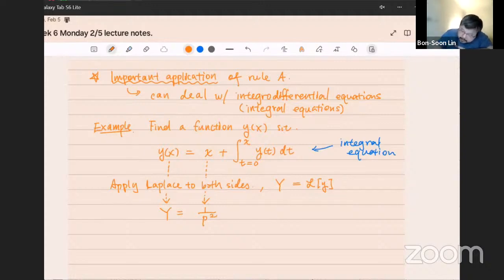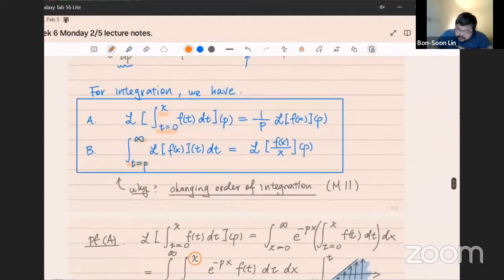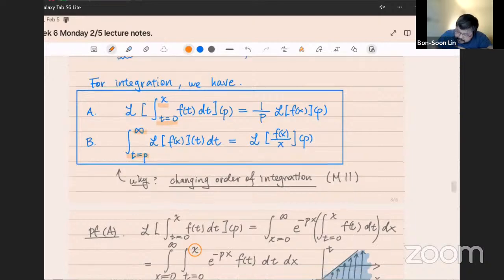Plus, now we're going to take the Laplace transform of this integral right here. That's great. This is of the form integral, t going from 0 to x, of little y of t dt, as a function of p. We know how to deal with this using our first integral rule with the Laplace transform. If it's from 0 to x of the integral of f of t, it just gives you 1 over p times the Laplace transform of f.